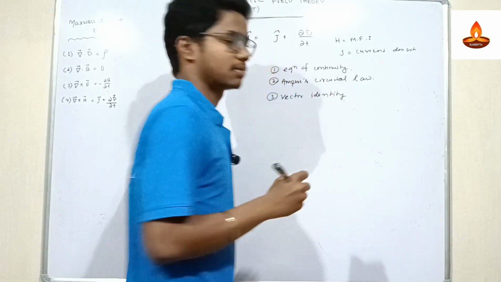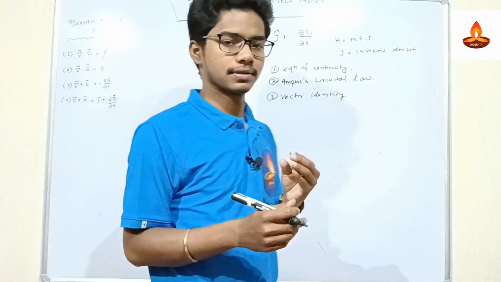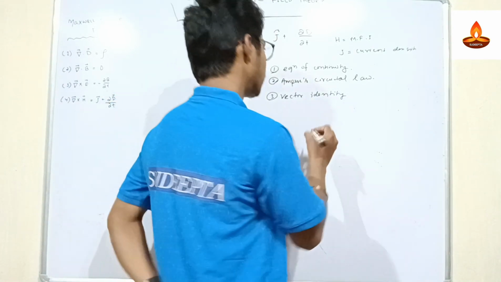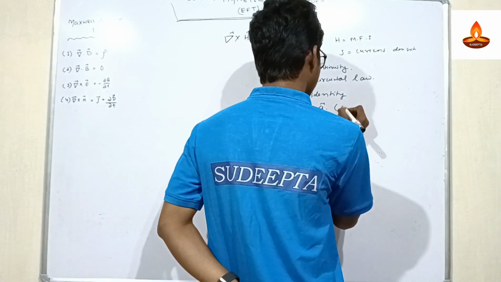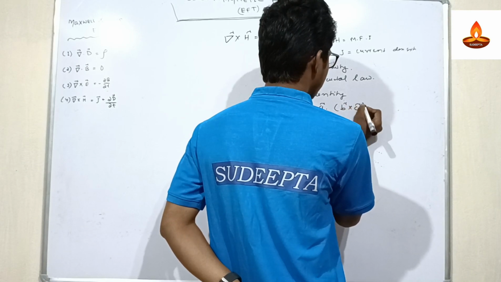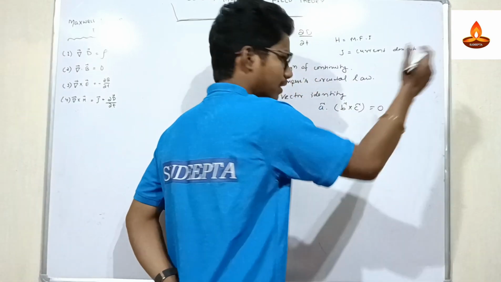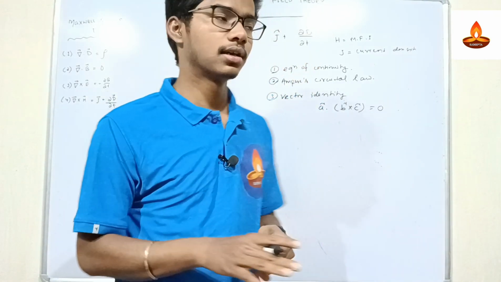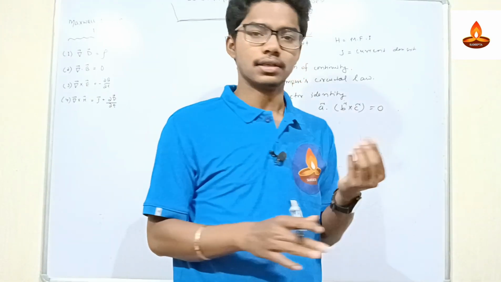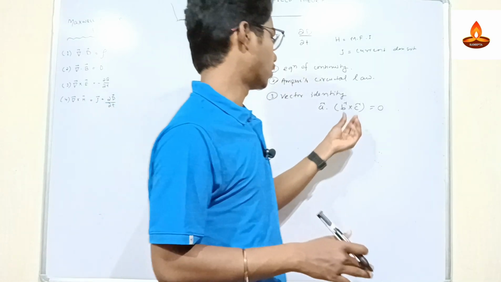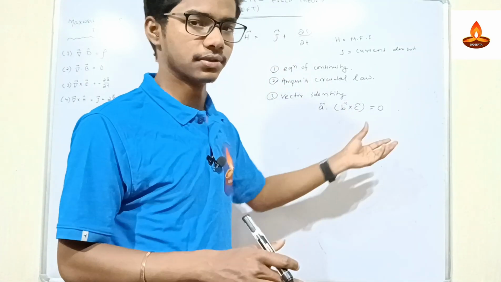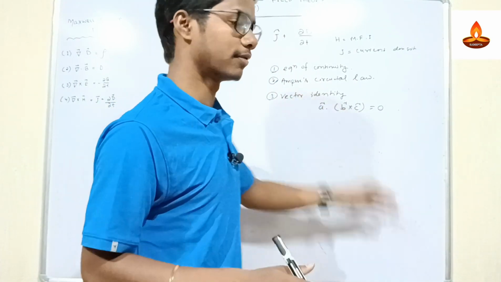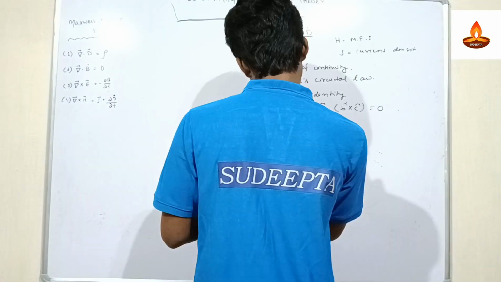So what is vector identity? Especially a simple formula will be used, that is A dot B cross C is equal to 0. This formula has already been covered in the vector sections of mathematics, and it has a proof. Still we will use it here, because the divergence of the curl of something will be 0.